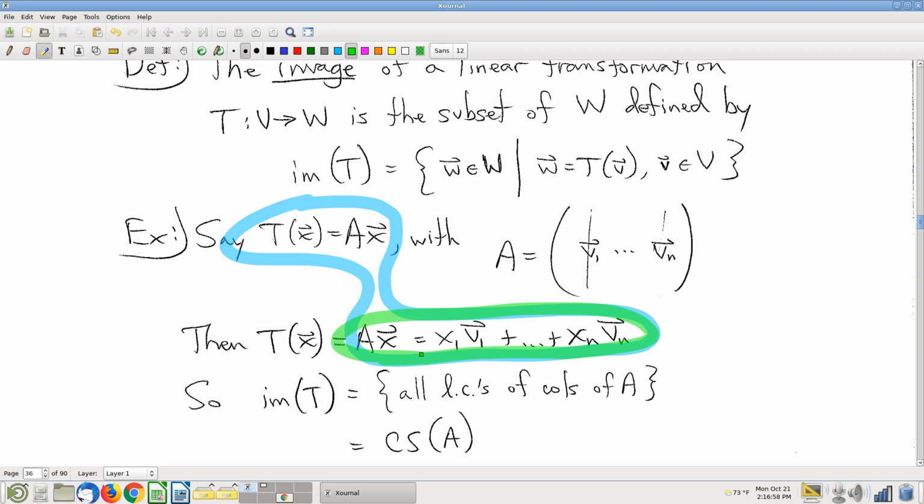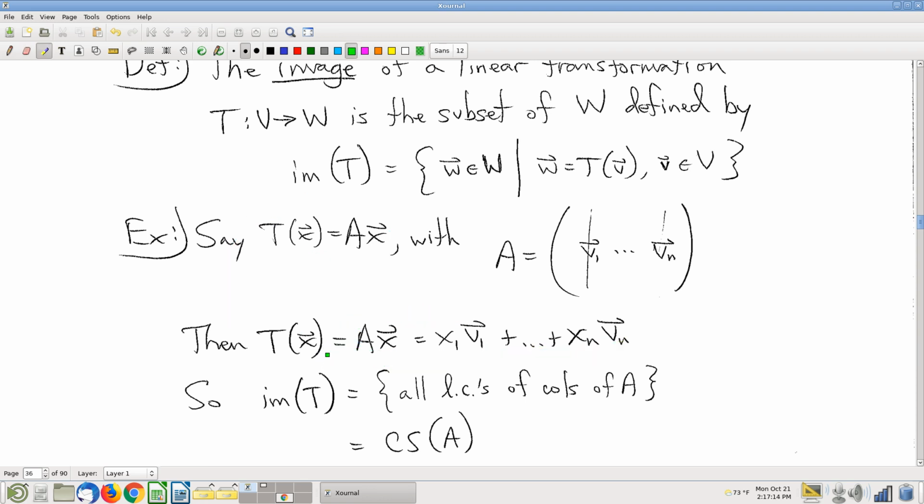So please don't restrict yourself to the point of view on matrix-vector multiplication based on dot products. That's probably the least useful of the several points of view that I know about how to multiply a matrix times a vector. With that noted, what's the image of this linear transformation?